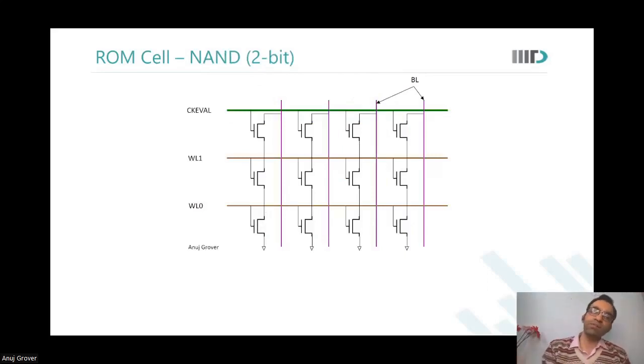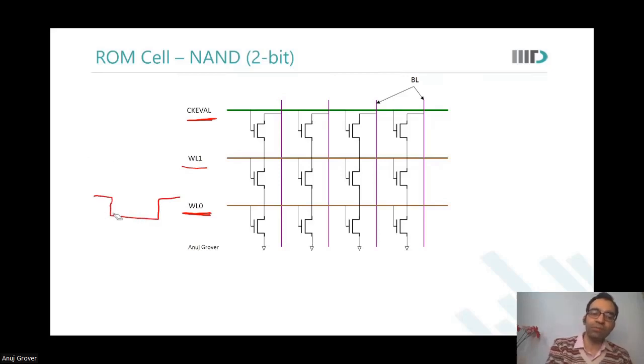Now over here, we connect word lines. So we make a NAND kind of structure. The topmost NMOS gets a clock, and the lower NMOSes get word lines. Okay. Now, suppose I want to read word line 0. I will keep word line 0 at low level.